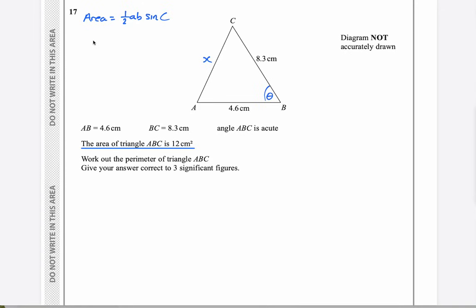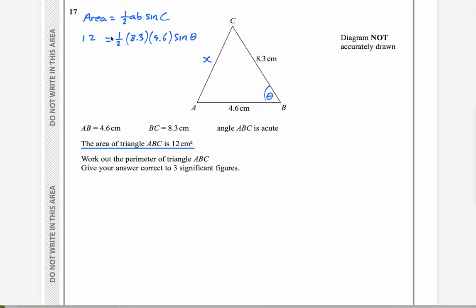What it means is it's a half this side times sine of the angle between. So it's any 2 sides and the sine of the angle between. So I'm going to do a half times 8.3 times 4.6 times sine theta, and it tells us this is equal to 12.